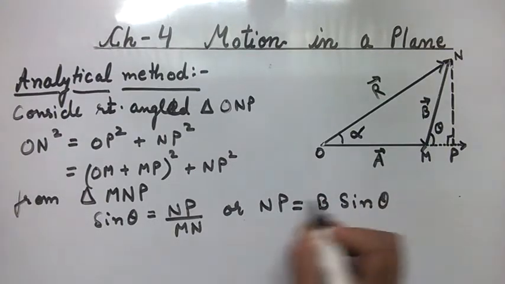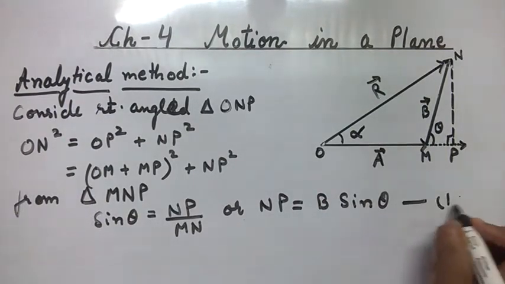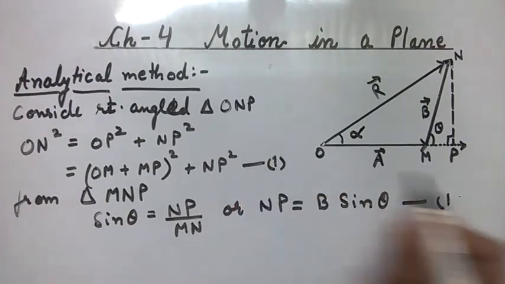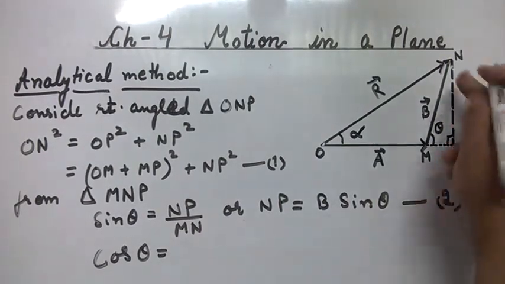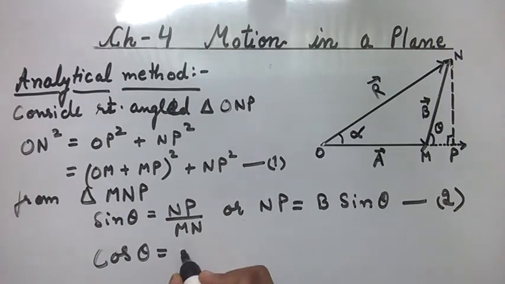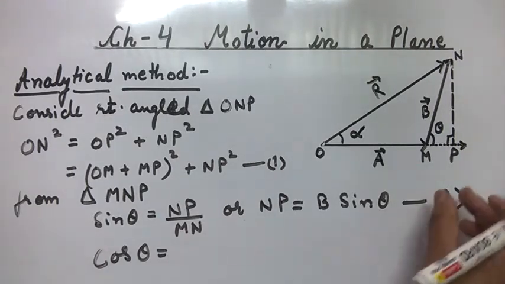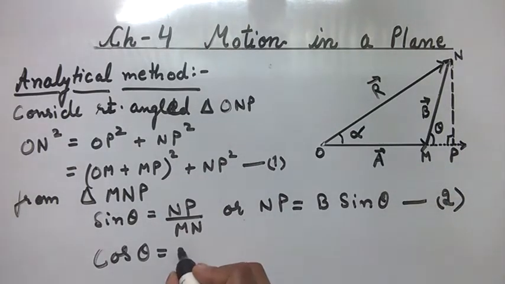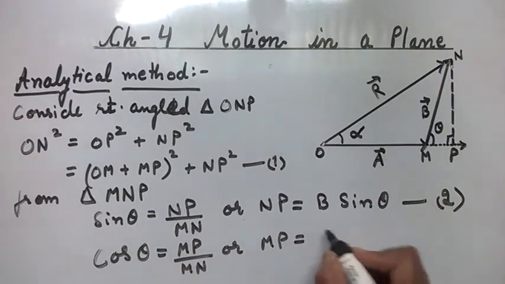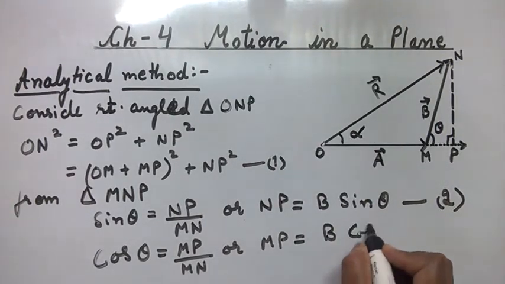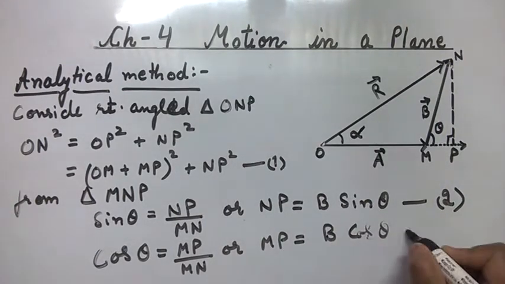Give this equation number 1, and this equation number 2. Similarly, cos theta in this triangle MNP equals base by hypotenuse, that is MP by MN, or MP equals B cos theta. This is equation number 3.